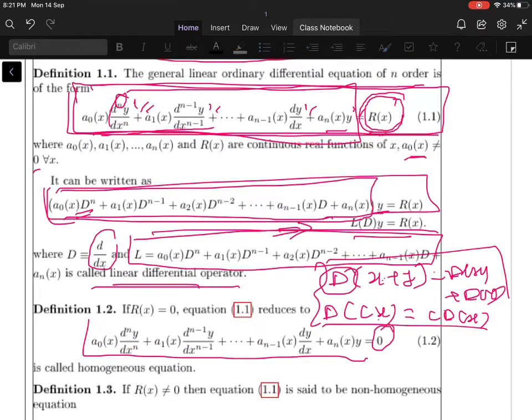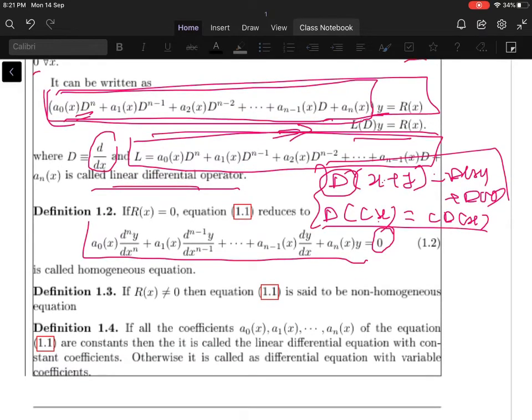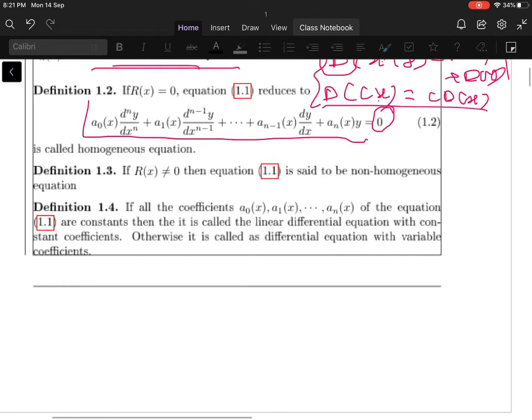If r of x is not equal to 0, then equation 1.1 is said to be a non-homogeneous equation. Homogeneous equation means there is no function of x in the RHS. Otherwise, that equation is called a non-homogeneous equation.